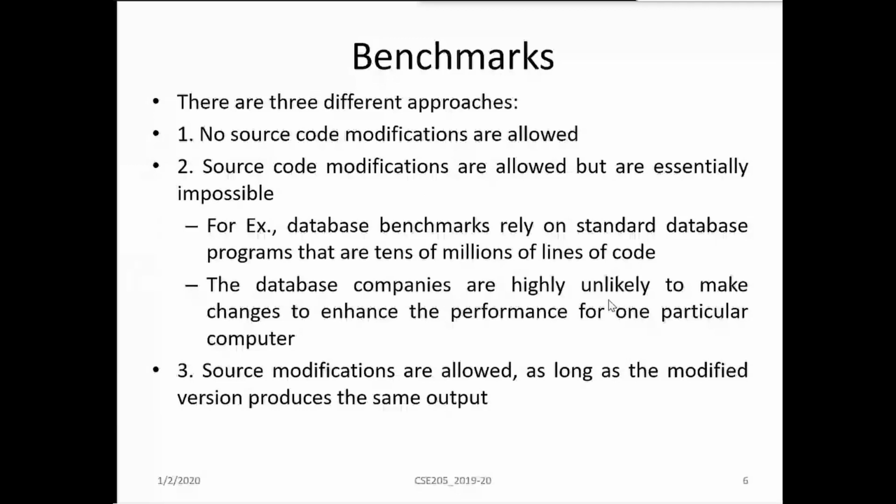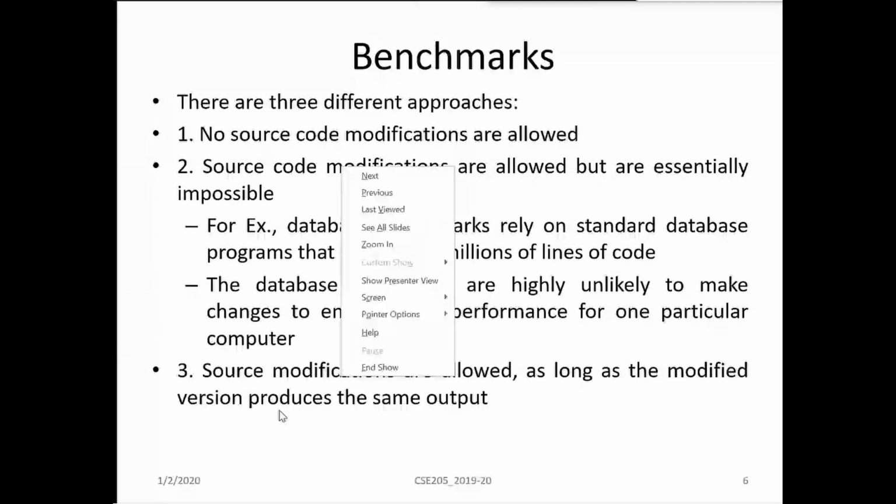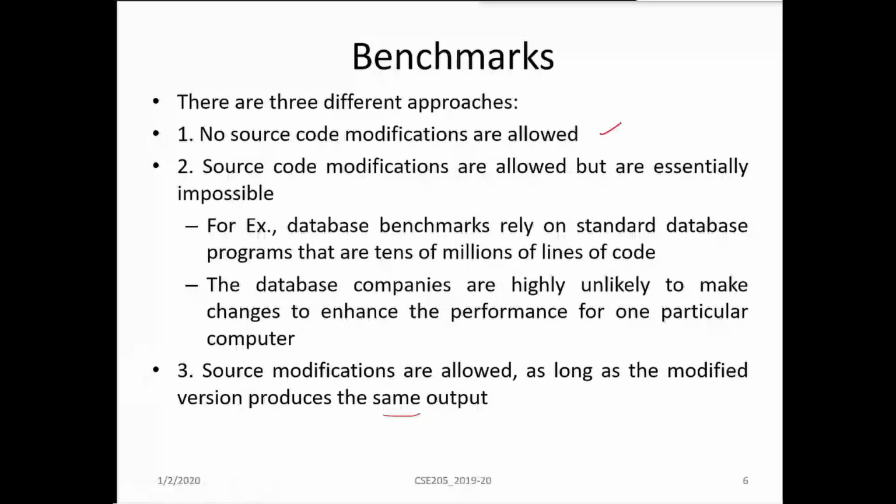The third case is that we can modify the source code, as long as the modified version produces the same output. So these are the three different approaches with respect to benchmarks. Most of the time they will go for the first one: they have the benchmarks, and without any modification those benchmarks are executed on the systems to evaluate the performance.